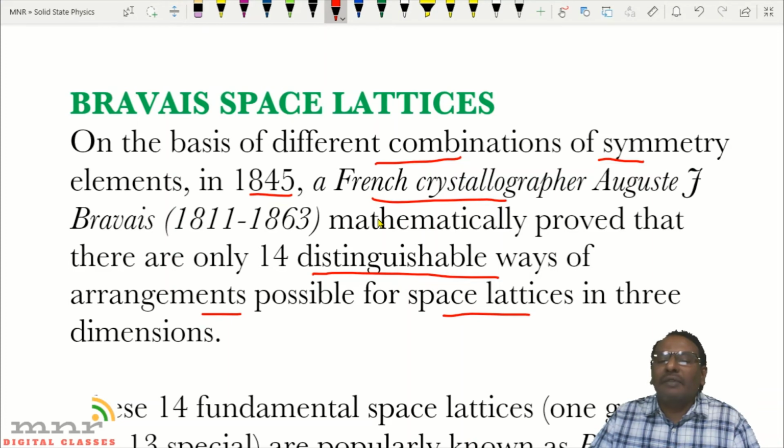Accordingly, we have infinite different ways of representing the space lattices. But if we use the concept of symmetry, all such different possible combinations can be grouped such that only 14 different ways of arrangement are possible for space lattices. The other space lattices are equivalent to any one of these 14 different possible ways. This is in three dimensions.